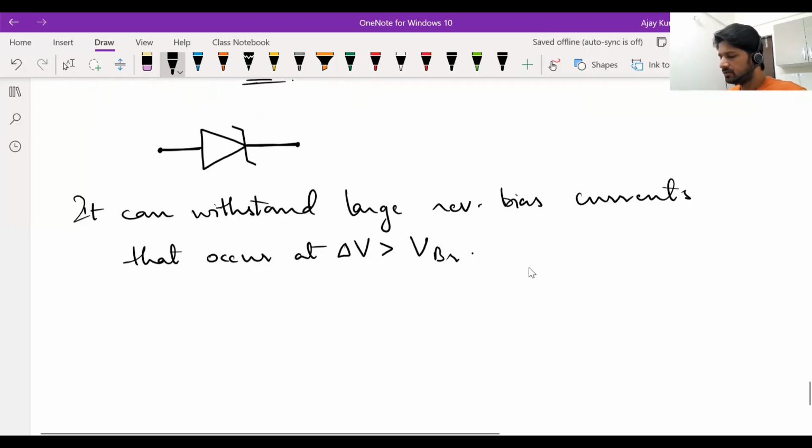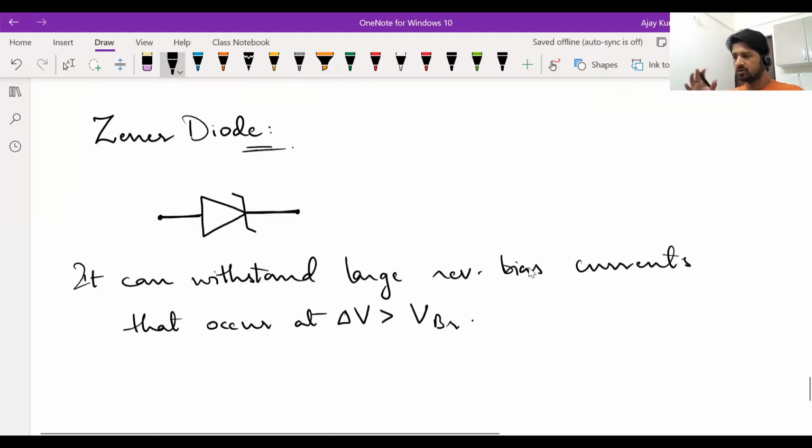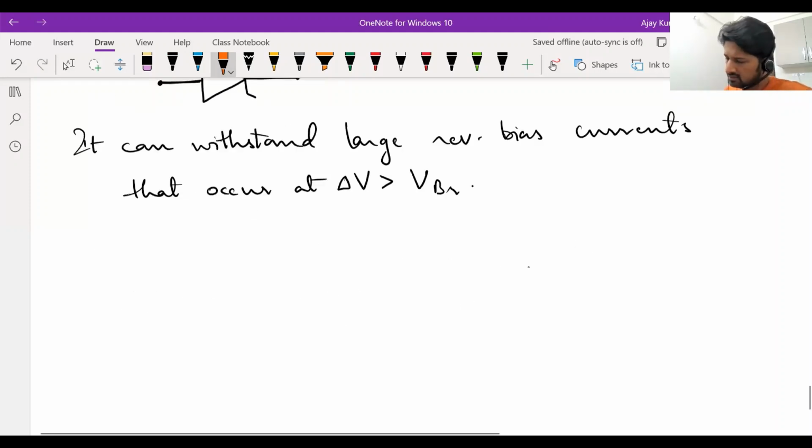Okay. Now, how is it used in a circuit? Basically, what happens when the reverse bias voltage across the Zener diode is less than the breakdown voltage, it does not allow any current. So it behaves like an open switch. So you can think of it this way.